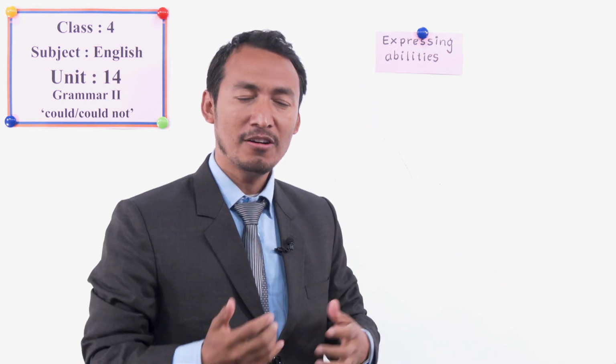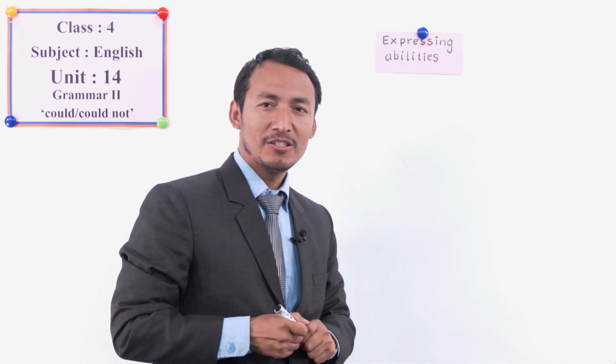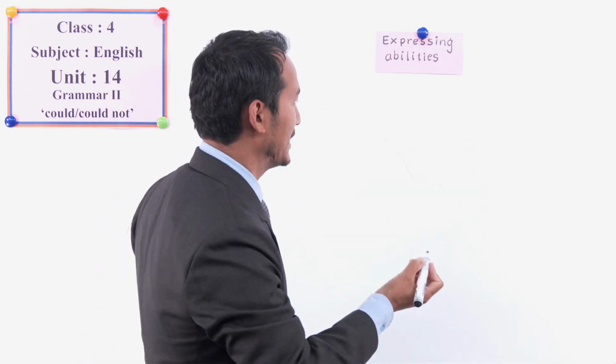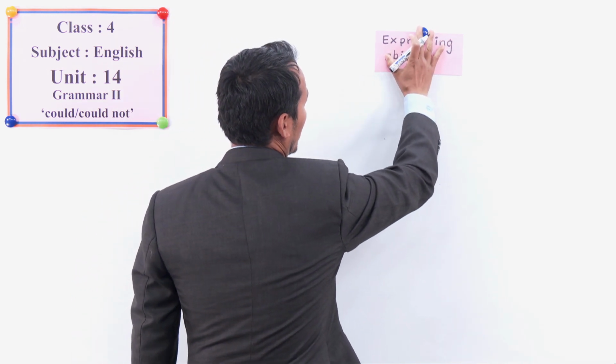I'll try to summarize the whole unit, and I'll also give you the idea about today's lesson, that is could and could not. So let's talk about some sentences that tell what we are going to learn.